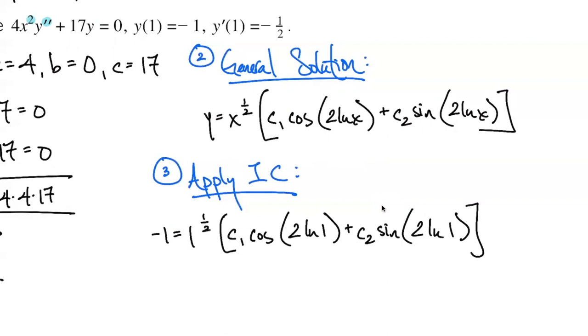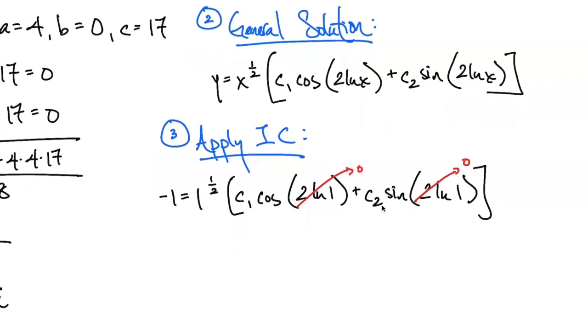And the good news here is natural log of 1 is 0. All right, and so we have sine and cosine of some very nice unit circle values. And so we get negative 1 equals, let's see, this also goes to 1. We end up with C1, cosine of 0 is 1, sine of 0 is 0. So the C2 part goes away.